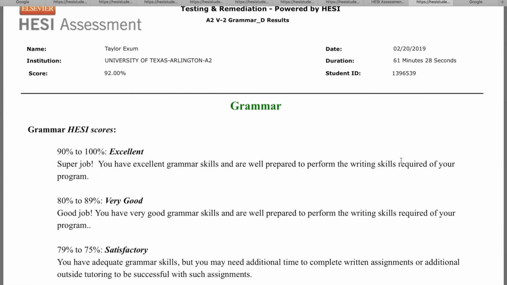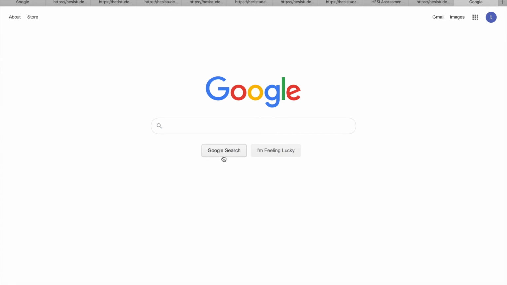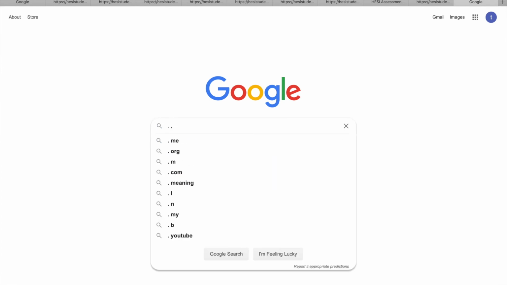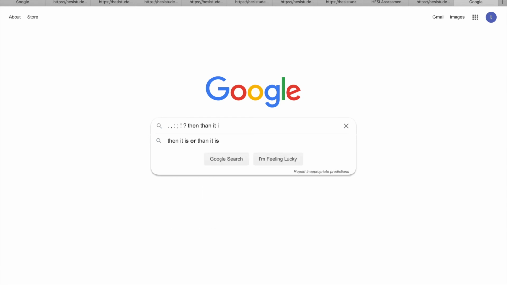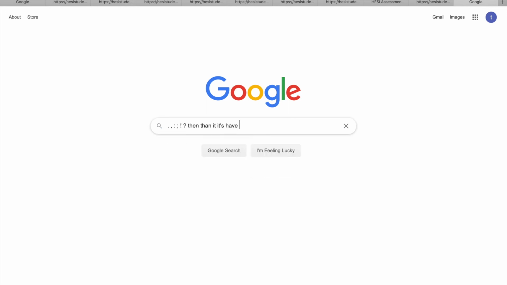I would recommend going back to the basics, just knowing when to use a period, a comma, colons and semicolons, exclamations, question marks, being able to spot mistakes in sentences like then and than, it's, have and had, when to use those, there, are, things like that.